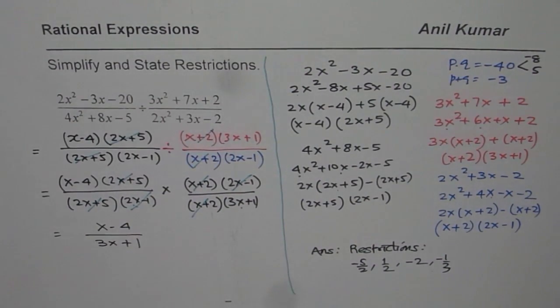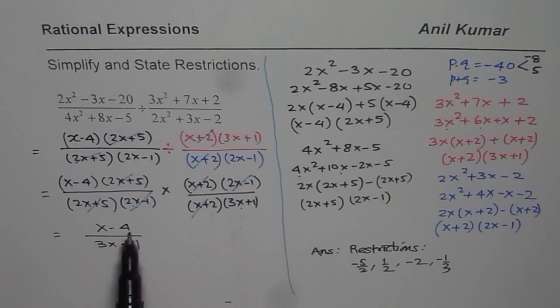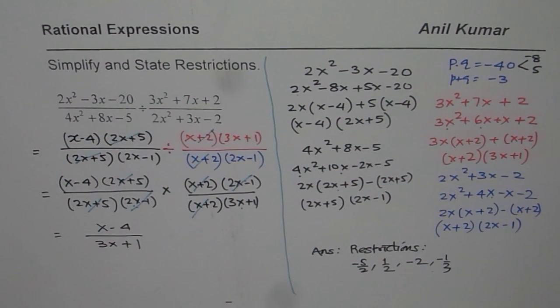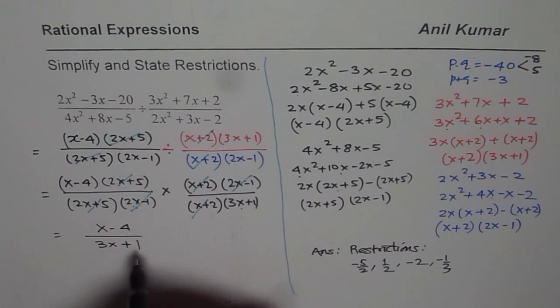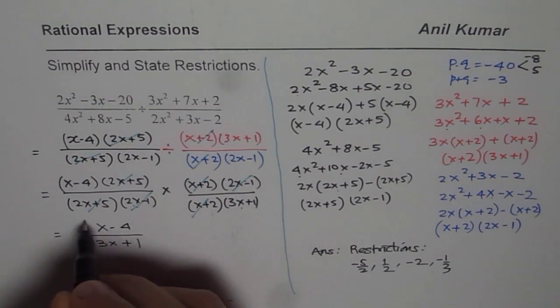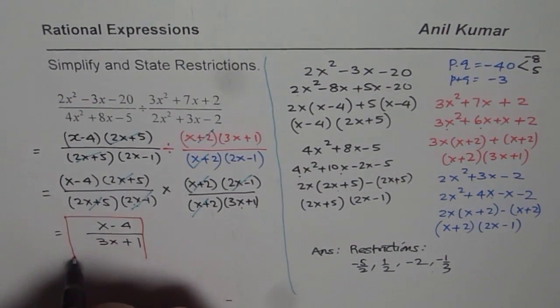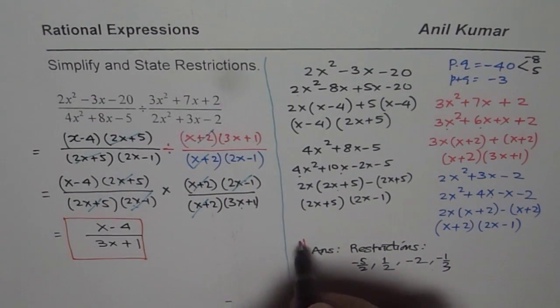So this particular rational expression simplifies to x minus 4 divided by 3x plus 1, and these are the restrictions for us. So we can write down all our answer. That is, the simplified form is this, correct? This is the simplified form and the restrictions are these.